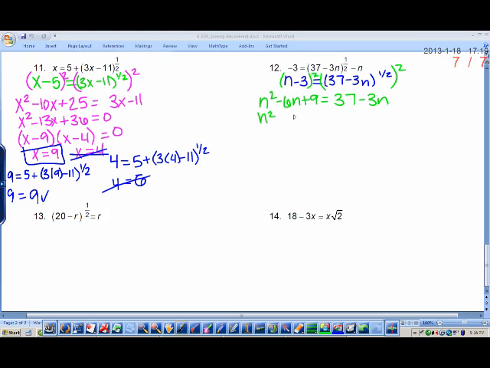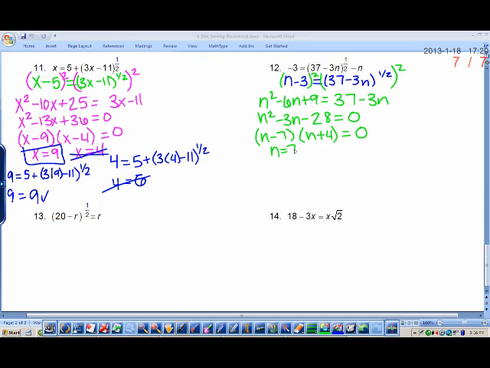So this is n squared minus 3n minus 28 is equal to 0. So factors of negative 28 that add up to negative 3 would be (n minus 7) times (n plus 4).